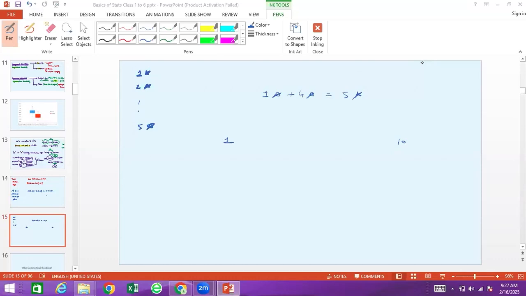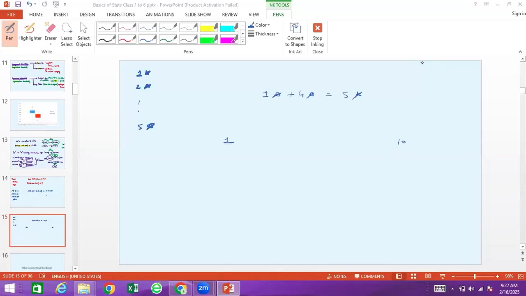Exactly. It is a nominal, categorical variable because it doesn't have any inherent order in it. First of all, it is a categorical variable because you cannot subtract two phone numbers. You cannot add them, you cannot multiply them. So we cannot do any mathematical operation on a phone number.